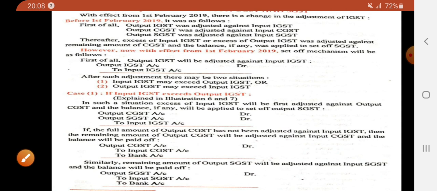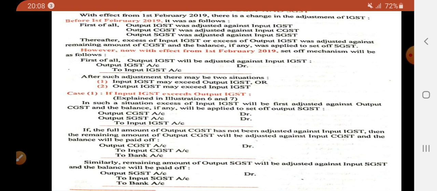First of all, the output IGST will be adjusted against input IGST. So the first journal entry will be your output IGST adjusted with the input IGST.